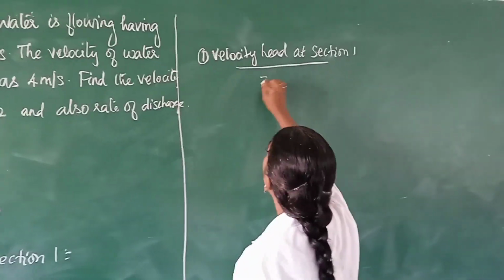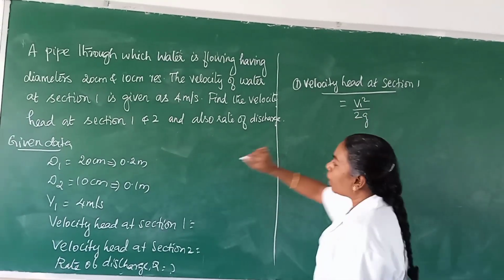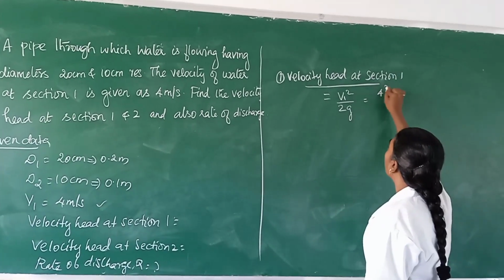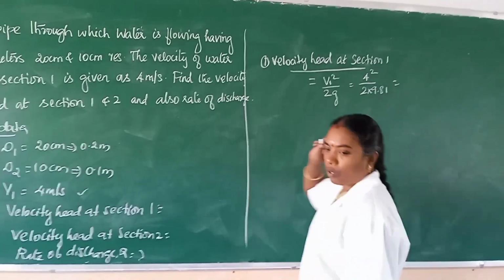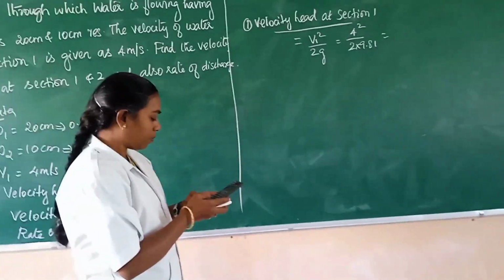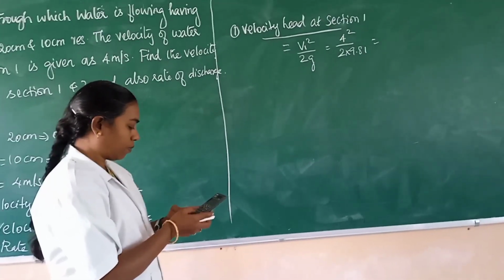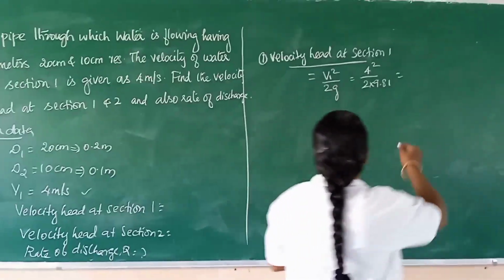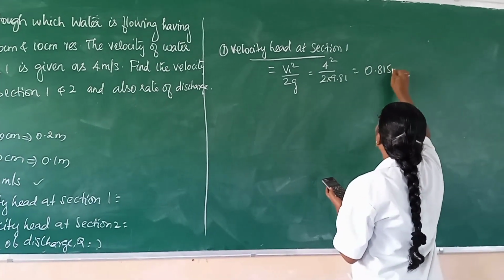The velocity head is equal to V1 squared by 2g. We know the V1 value as 4, so we need 4 squared by 2 into 9.81. When we calculate this, the velocity head at section 1 is 0.815 meter.